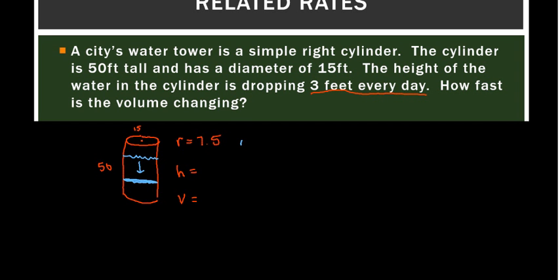The radius is not changing. However, the height definitely is. So in this problem, if the height is changing, that means it has a derivative. And so we're going to want to think about that derivative. And of course, as the volume is changing, we have a dV/dt also.